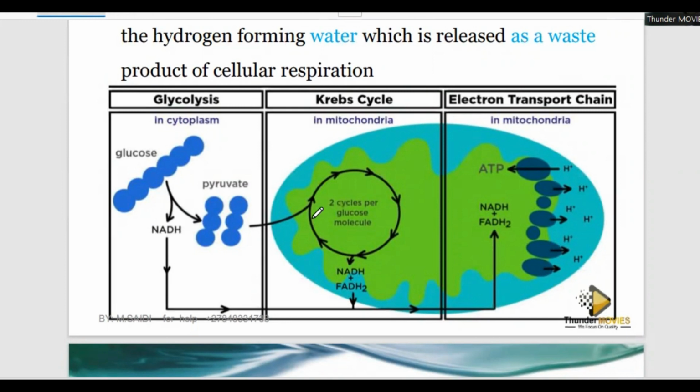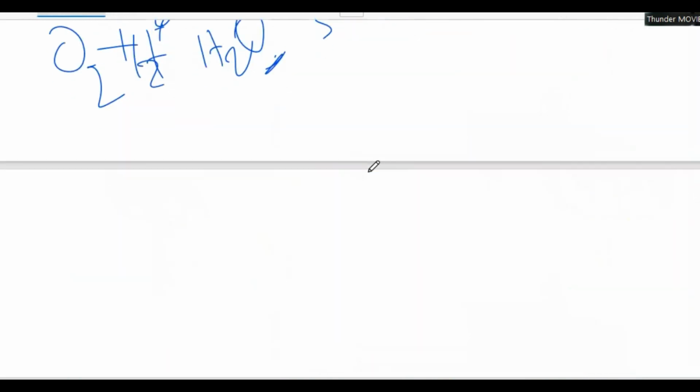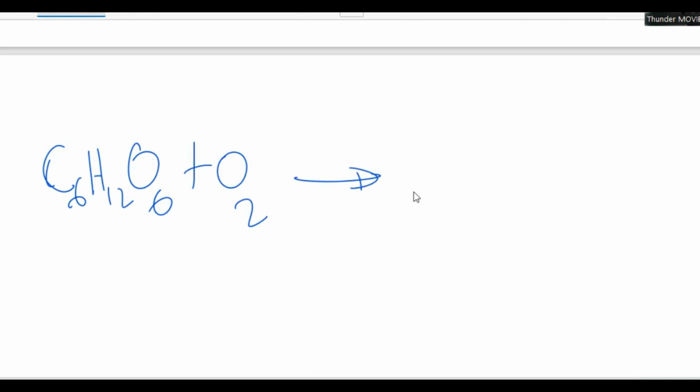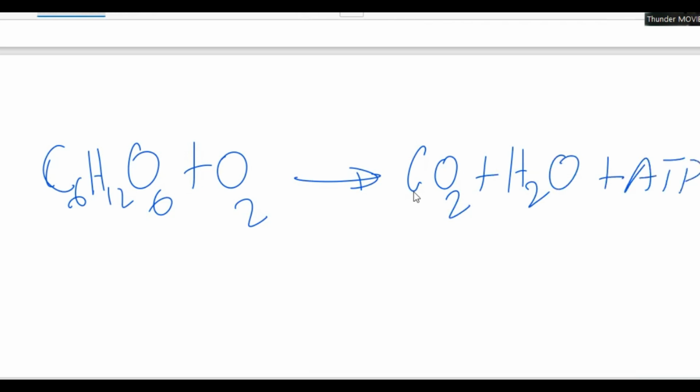And let me remind you, don't forget I said that you have glucose plus oxygen. You get carbon dioxide plus water plus ATP.